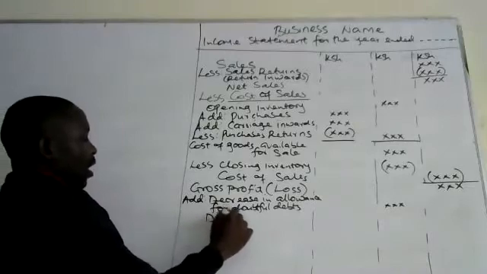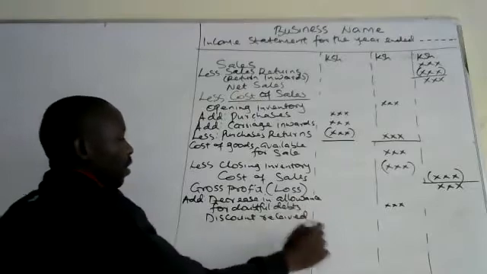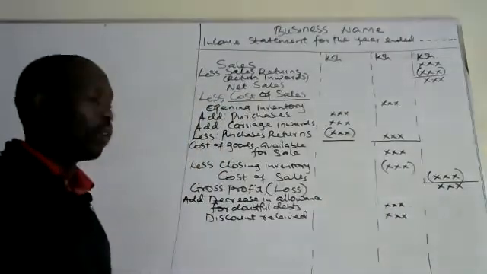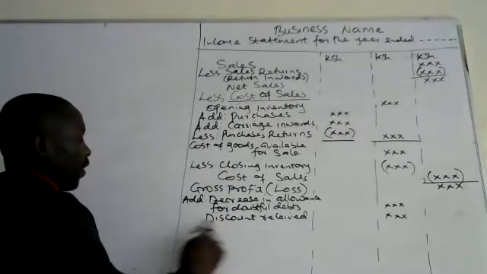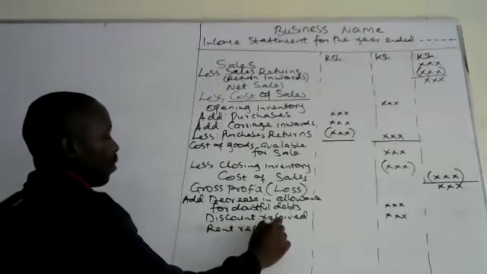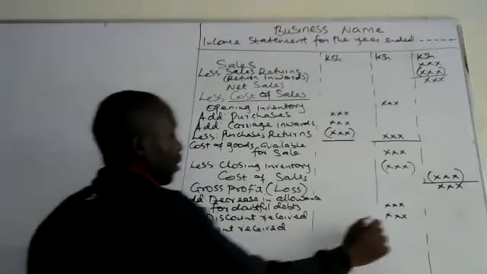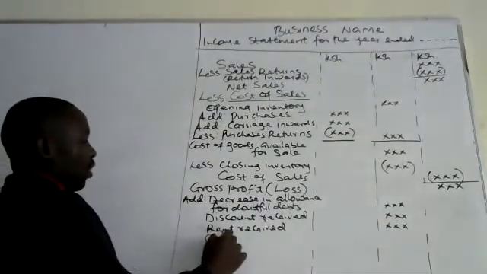We also add the discount received. This is what we normally call the other incomes. Discount received. We also have rent receivable or received. Some cases, commission received.